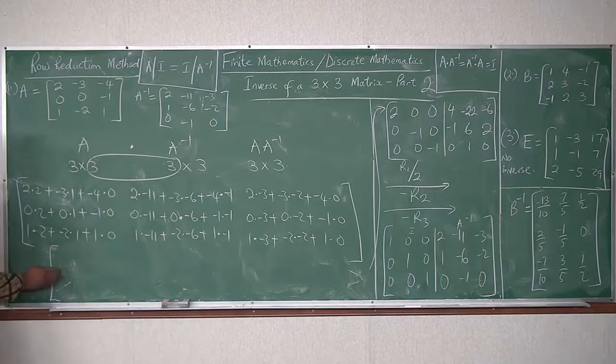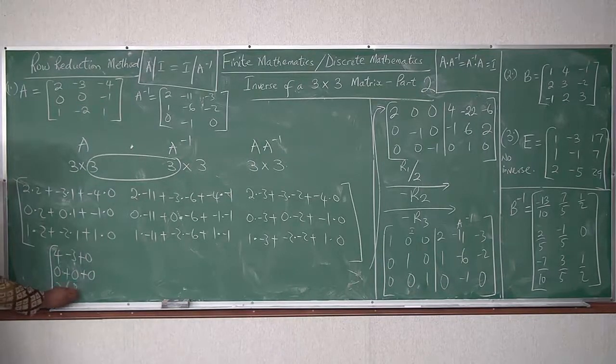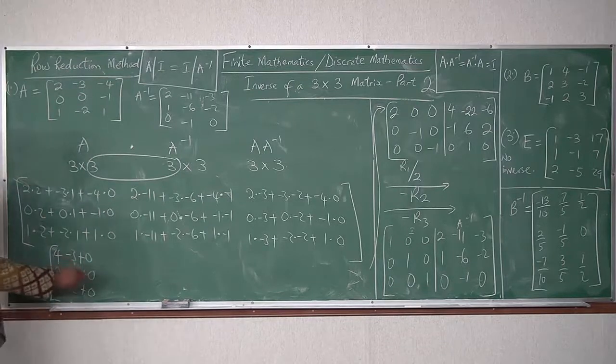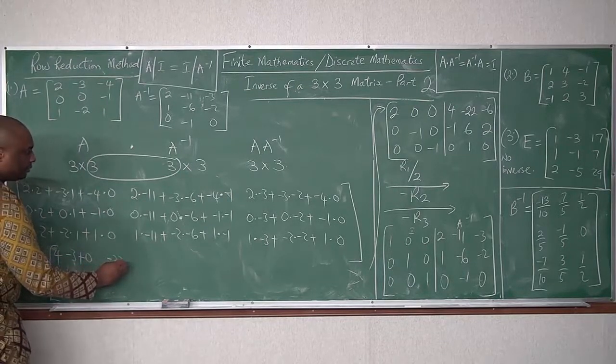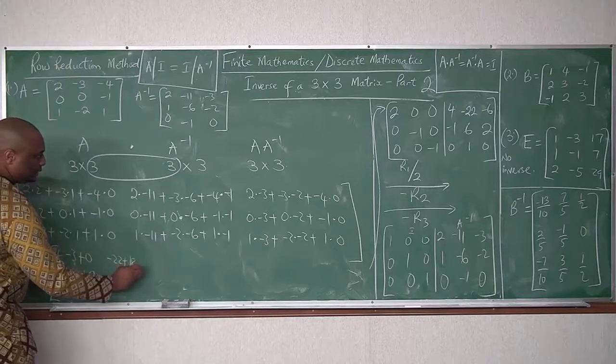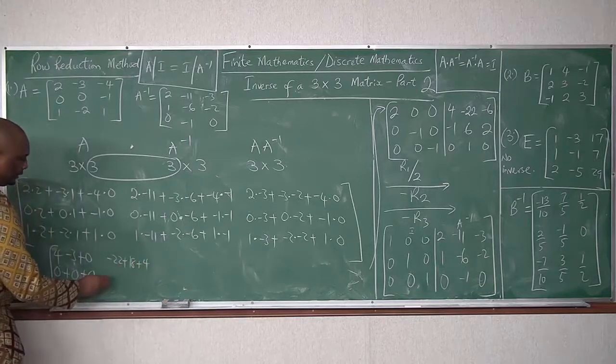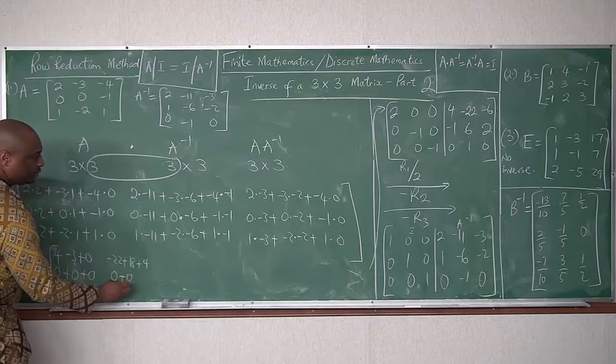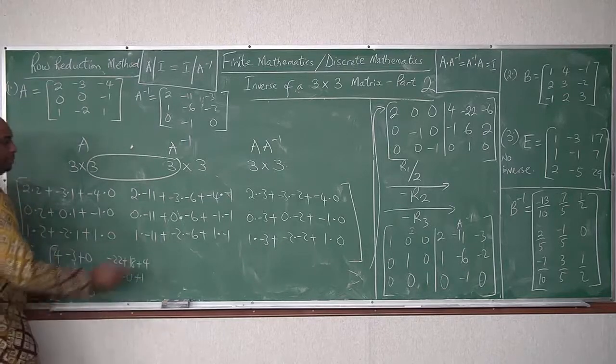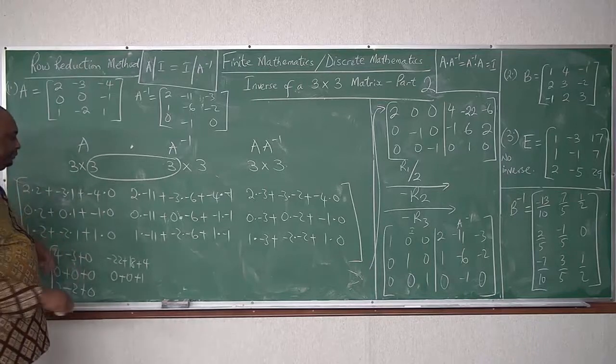2 times 2 is what? 4, minus 3 plus 0. This is 0 plus 0 plus 0. This is 2 minus 2 plus 0. 2 minus 2 plus 0. Then this is negative 22 plus 18 plus 4. This is 0 plus 0 plus 1, because negative 1 times negative 1 is 1.